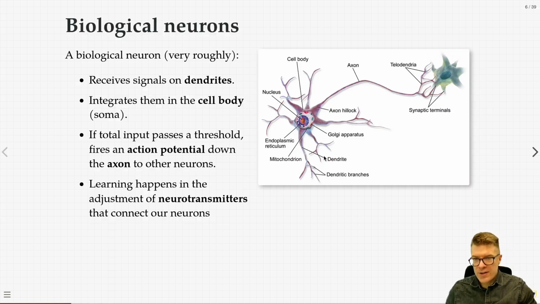This is not a biology class, but the idea is if the electrical signal along all of these dendrites surpasses some pre-existing threshold in that particular cell, then that cell will fire an action potential down an axon. This is like another branch to other neurons. There are going to be connections between one neuron and the other through these things called synapses.